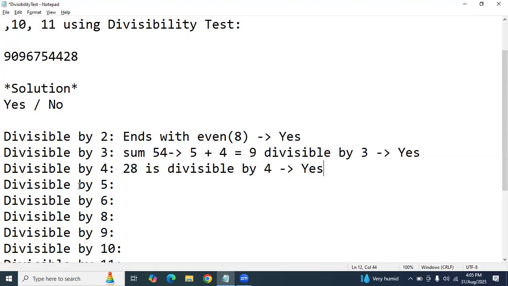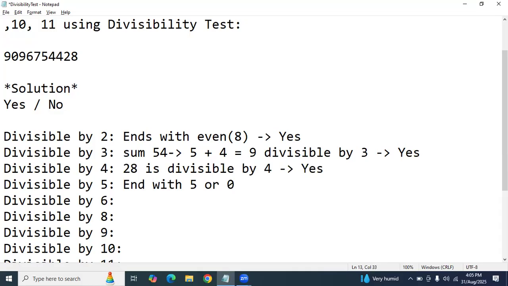Let's check divisible by 5 or not. For any number to be divisible by 5, we should have the unit place as either 0 or 5. If you look at the table of 5, 5, 10, 15, you'll see either 5 will come at the end or you will get 0 at the end. So it should end with 5 or 0.